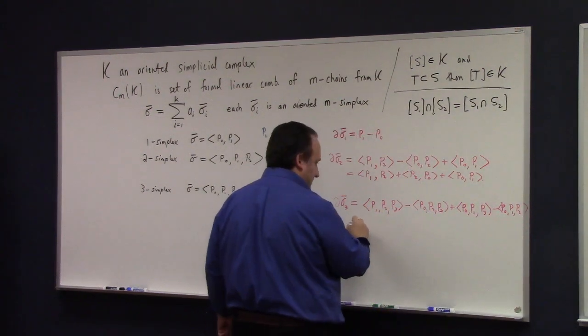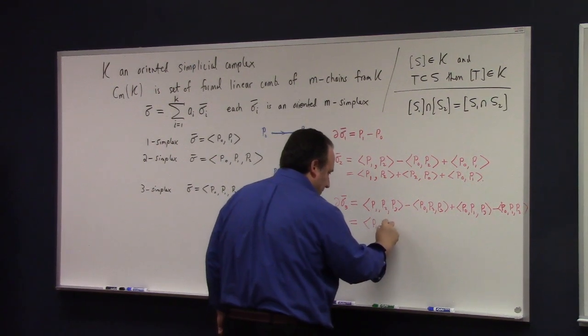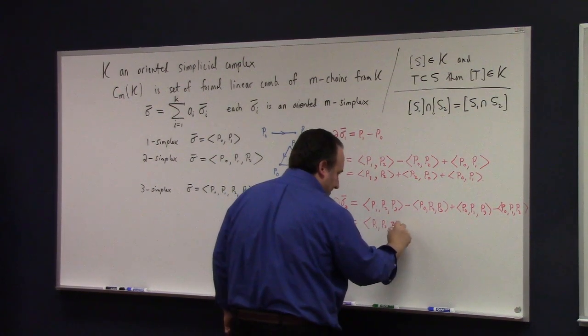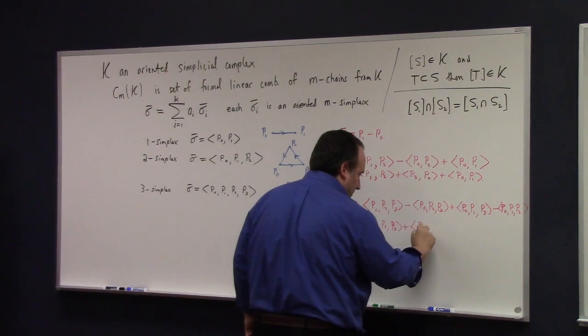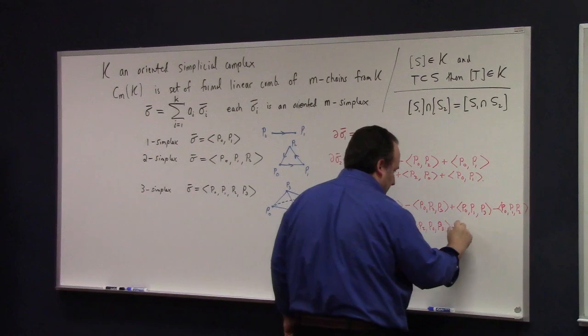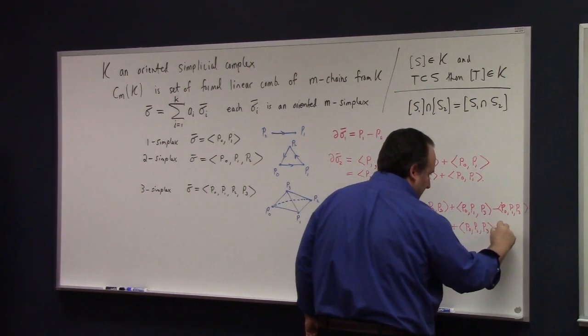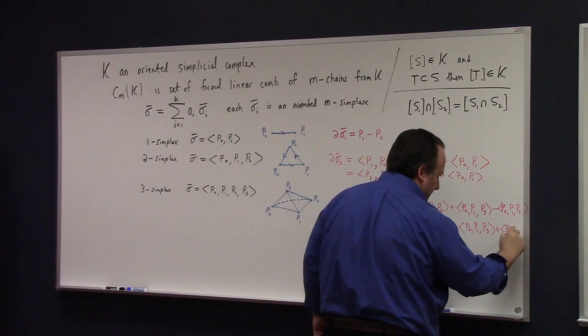And if we absorb the minuses and do some flippy-flopping, we've got 1, 2, 3 plus 2, 0, 3 plus 0, 1, 3. Don't worry, we haven't done anything new yet. 0, 1, 1, 0, 2.